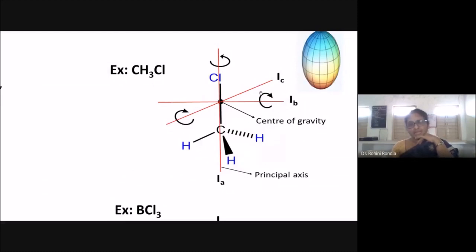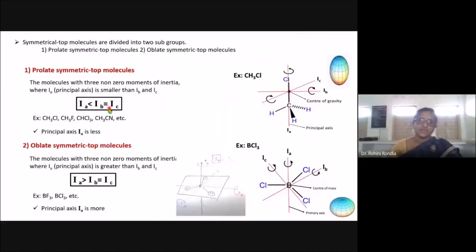Rotation about the B and C axes, chlorine changes and the position of 3 hydrogen atoms also changes. So it needs more energy and shows more resistance. We are rotating 4 atoms, and they do not like it. So IB and IC show high resistance. That is why the moments of inertia IB and IC are higher than IA. So this is the relation for prolate symmetric top molecules.